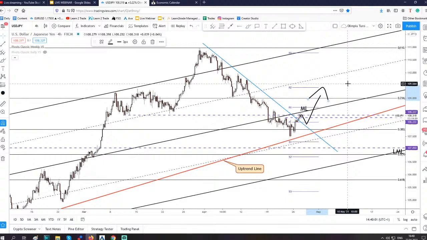Okay, so also if the price will make a valid breakout here, maybe above the 108.54, above the weekly R1, if it will come back above the ascending pitchfork medium line, then it could continue to increase. Okay guys, let's move forward.